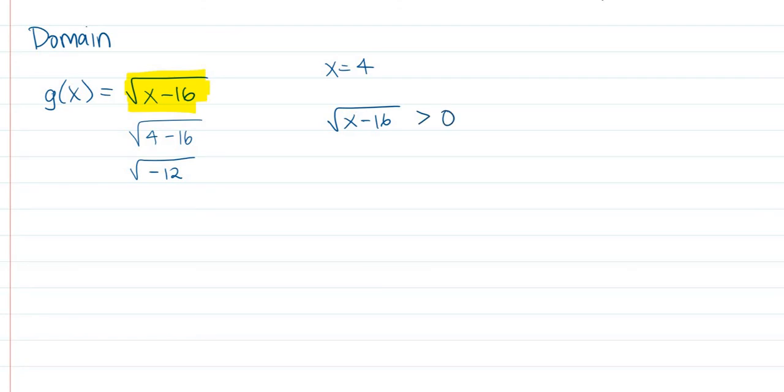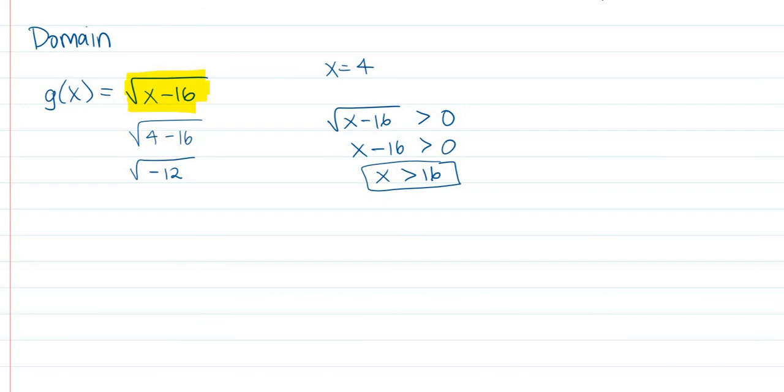And all we need to do now is solve this. To solve it, we would square both sides to get rid of the square root, and you get x minus 16 is greater than 0. Then you would add 16 to both sides, and you get x is greater than 16. So this is the information that we need in order to restrict our domain.